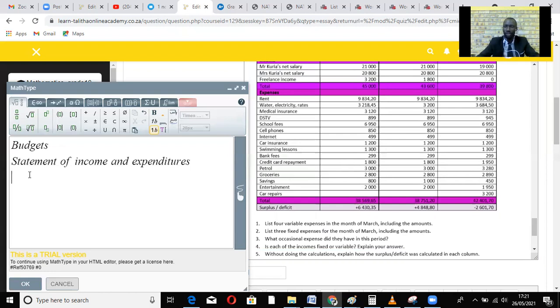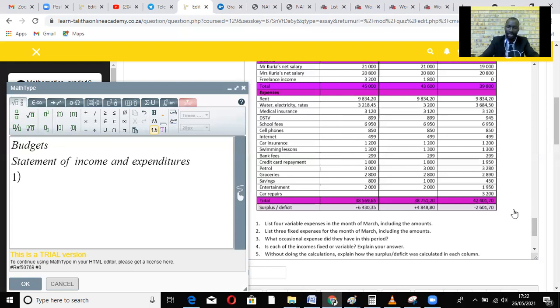You know, they change from one time to the other time, from one amount to the other amount. So you would easily see how it has changed.